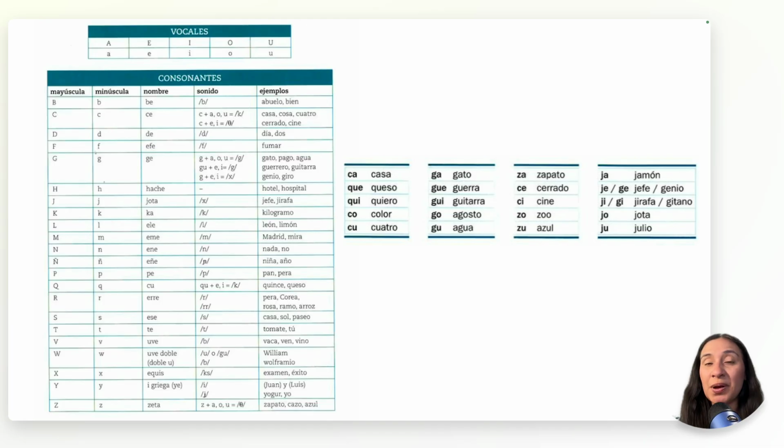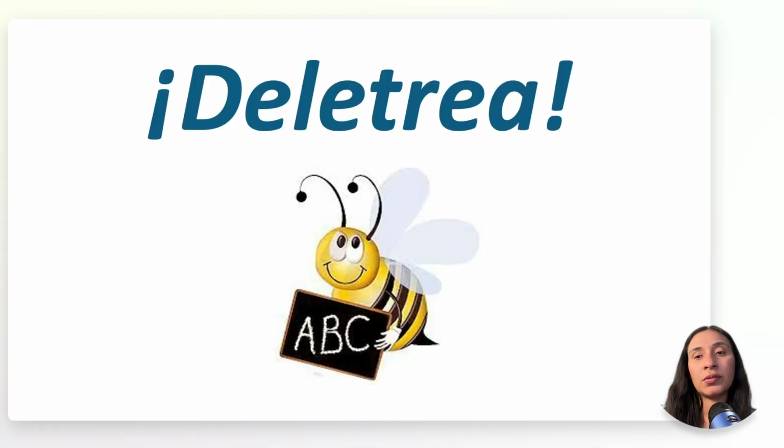Now that we're talking about spelling, let's evaluate what we have learned, right? So, here we have this spelling bee, deletrea. This is the last activity, and of course, I'm gonna go over every single word, and you have to pause the video for a minute so you can spell the word.